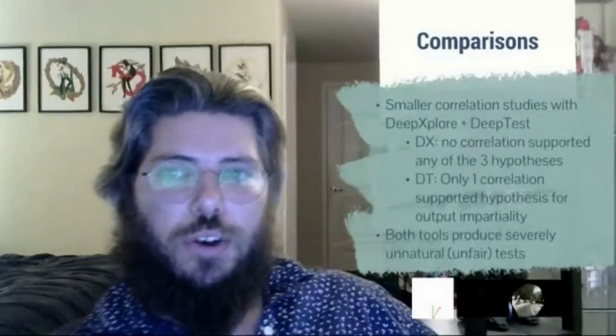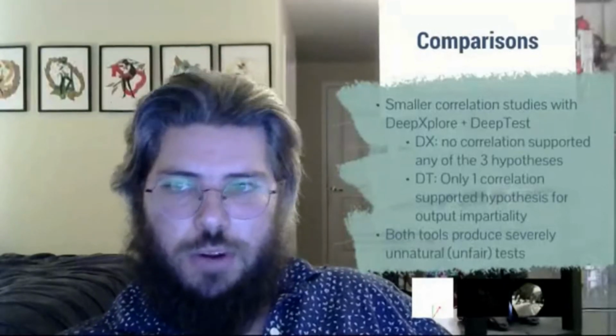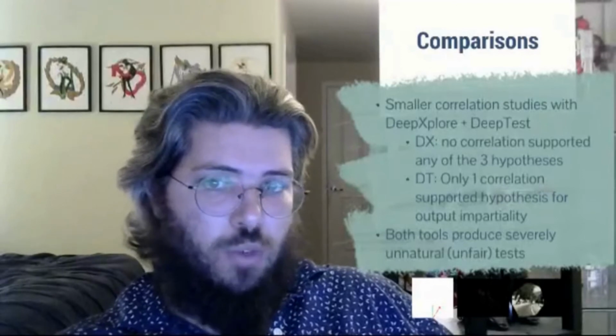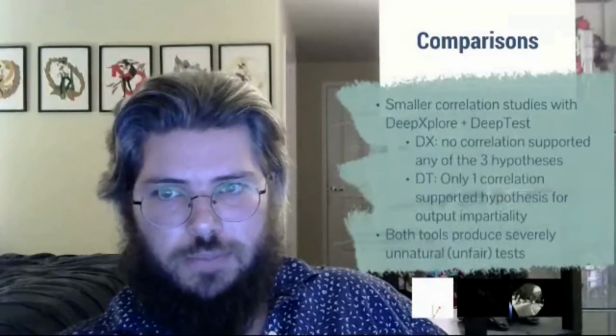So it's worth wondering whether the results we found are a consequence of our diversity-promoting regularizer and that other techniques might have more favorable results for defect detection, naturalness, and output impartiality.